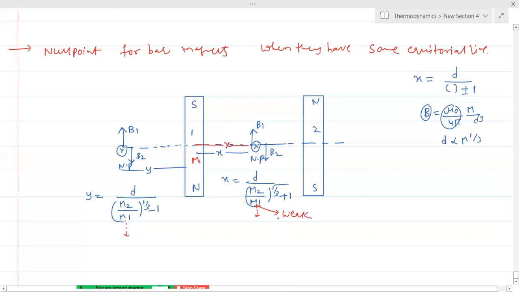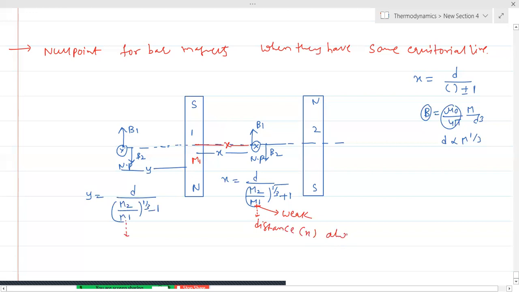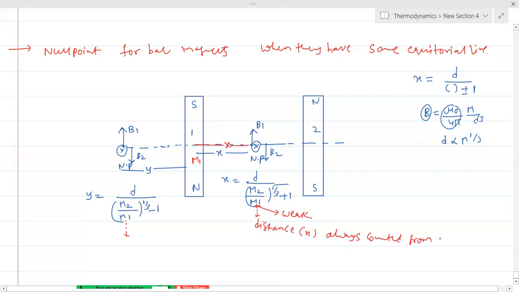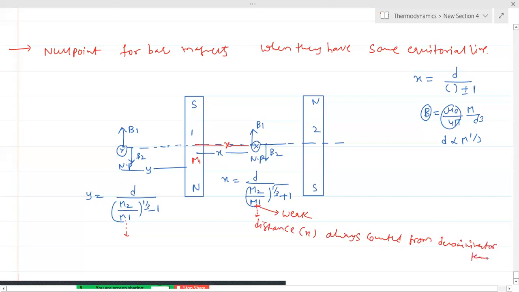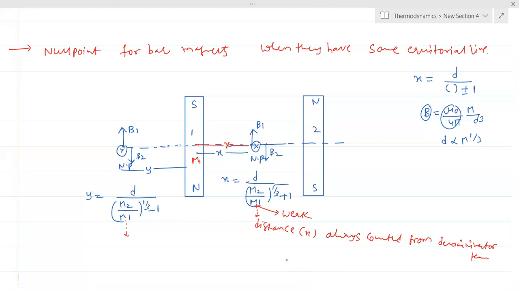The denominator should be weak, and the distance x is always counted from the denominator term. In this way, we are discussing.